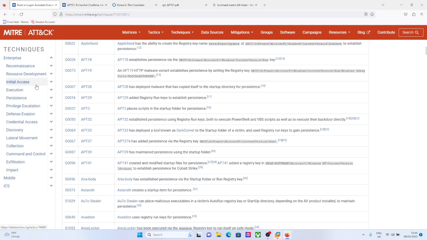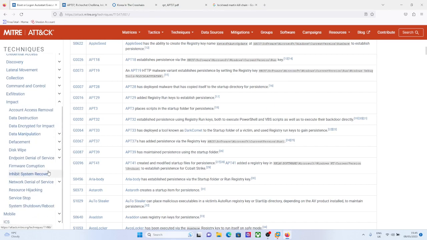Initial access: how they are accessing the system initially, whether it is a malicious mail or exploiting a public service, all kinds of things. And execution: how they are executing after they access the initial system, and how they persist, and then how they escalate privileges, how they discover the environment and move laterally, and how they collect the data and other stuff.